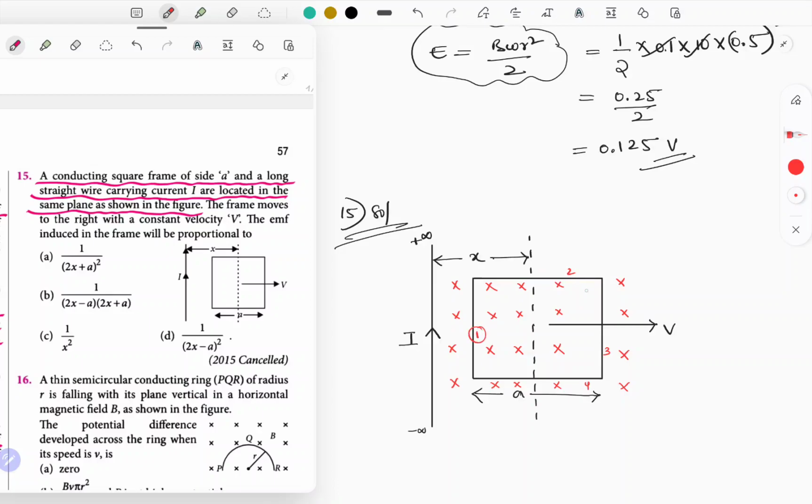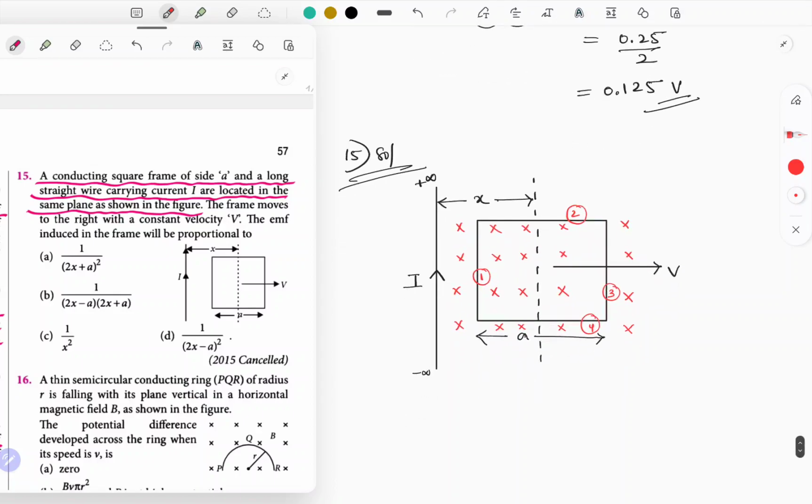On loop 1 and loop 3, the magnitude of magnetic field is going to be different. But on loop 2 and loop 4, it's going to be the same. We are going to think about only loop 1 and loop 3.